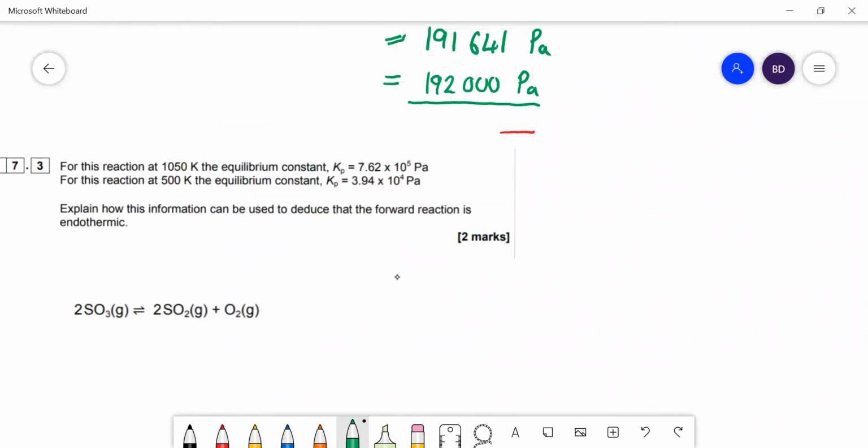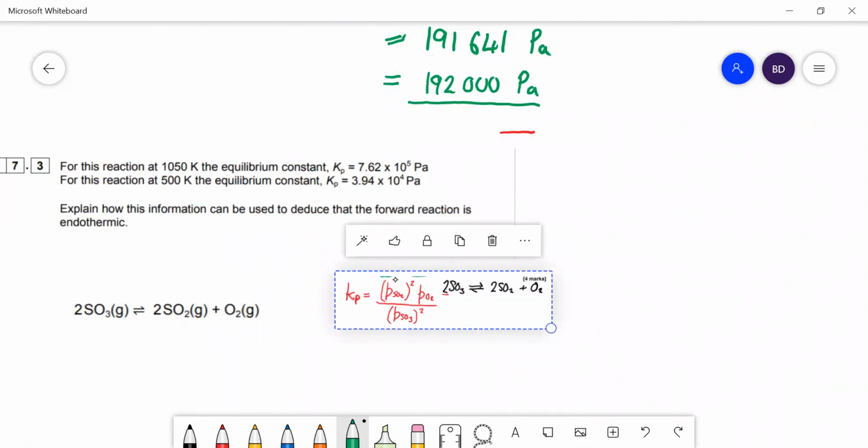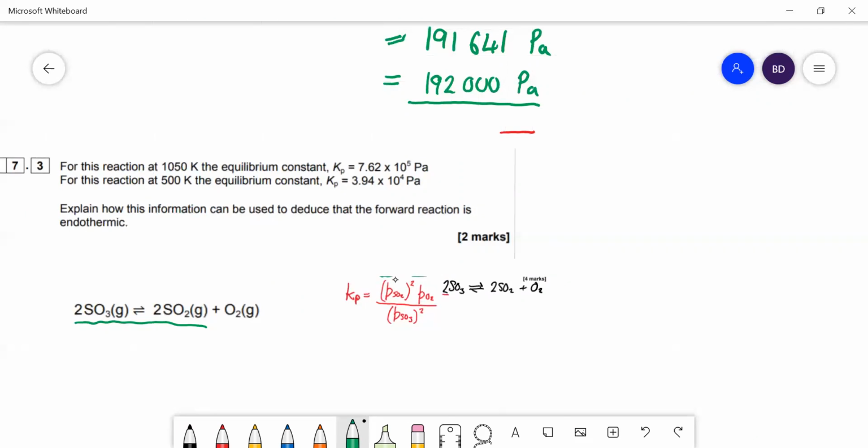Okay, so we've got this equation here as well, but let's just look at this box here. At a higher temperature, Kp is bigger.